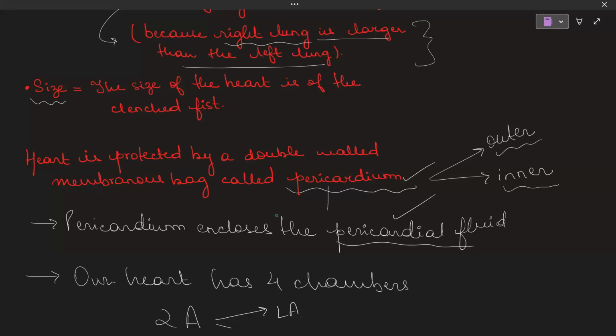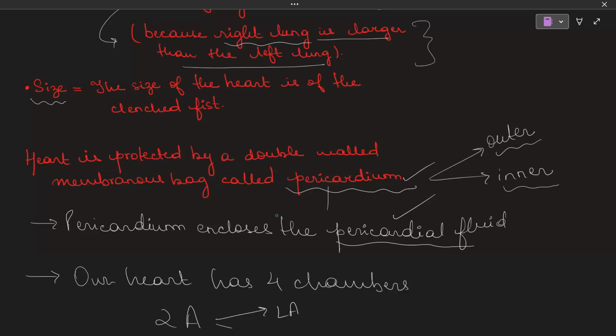Apart from that, it reduces the friction and protects the heart from any shock or injury. Just imagine I am throwing you out of a balcony, and I have tied bean bags all over your body.